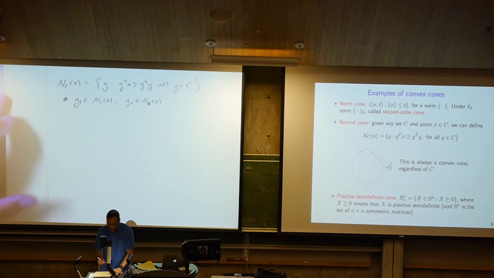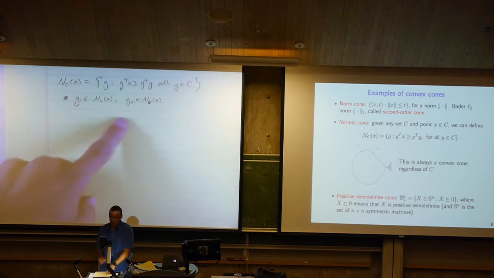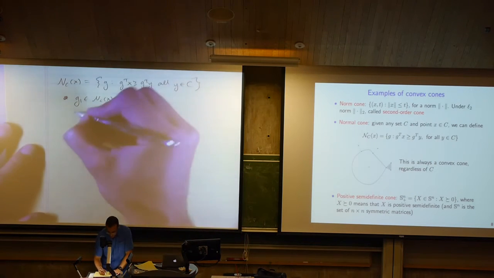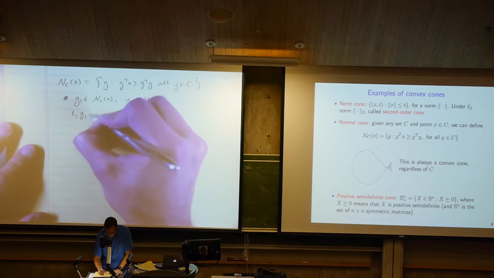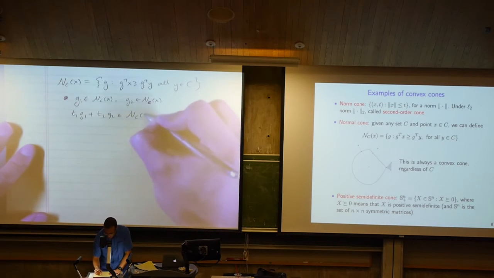Now it's up to us to check that all conic combinations of G1 and G2 are also in the normal cone. I want to check that T1 G1 plus T2 G2 is in the normal cone.